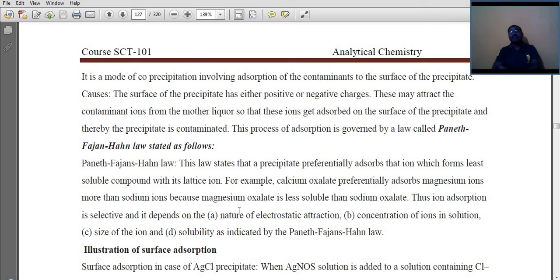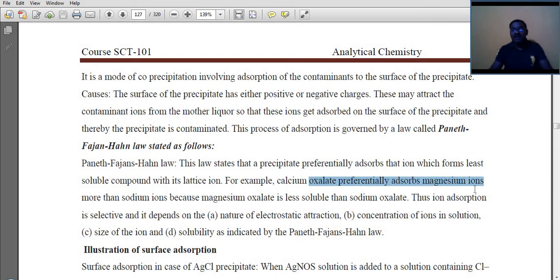For example, calcium oxalate preferentially adsorbs magnesium ions more than sodium ions because magnesium oxalate is less soluble than sodium oxalate.